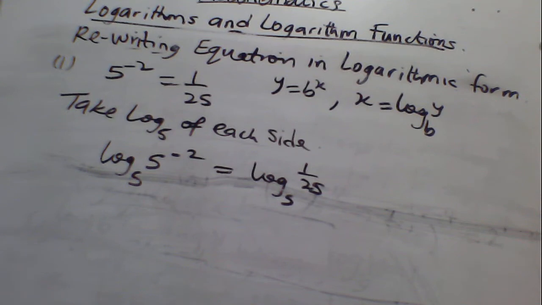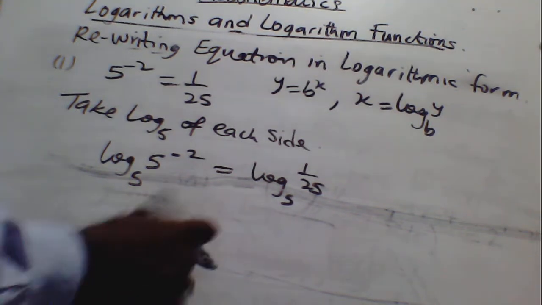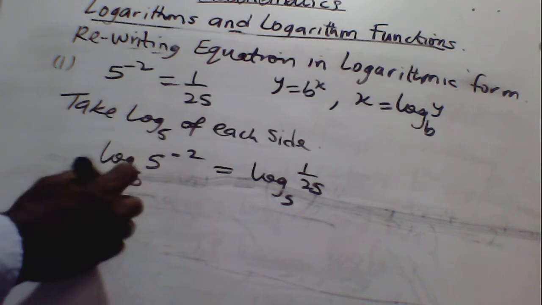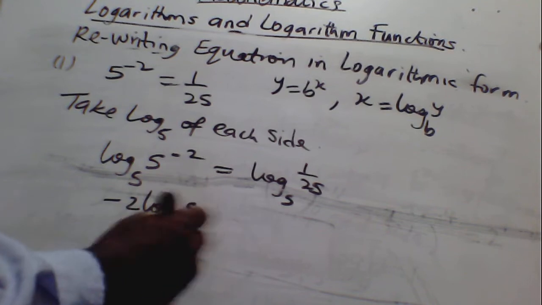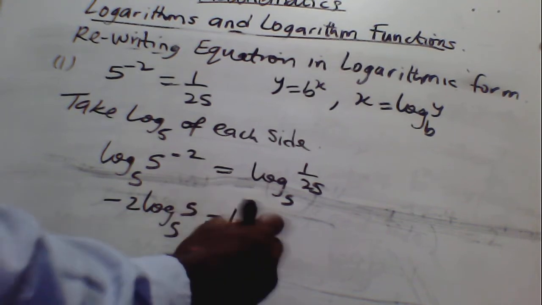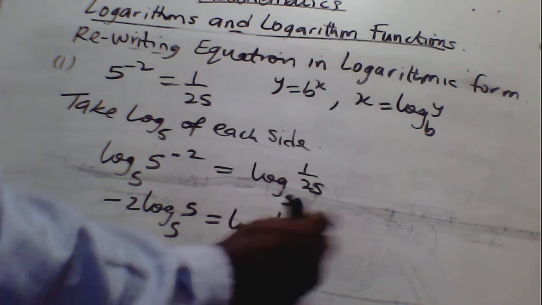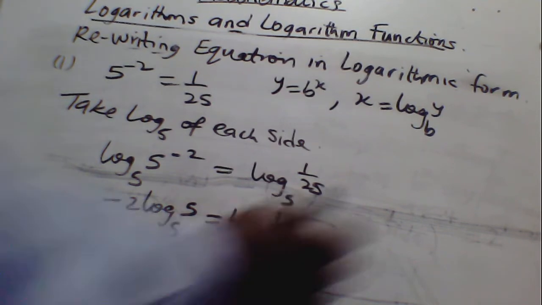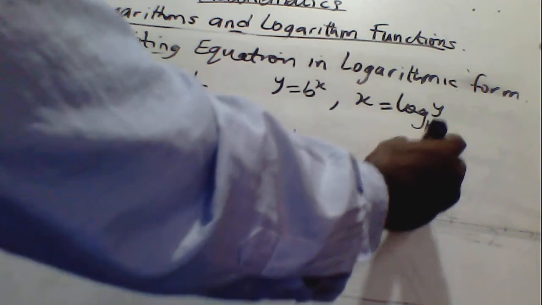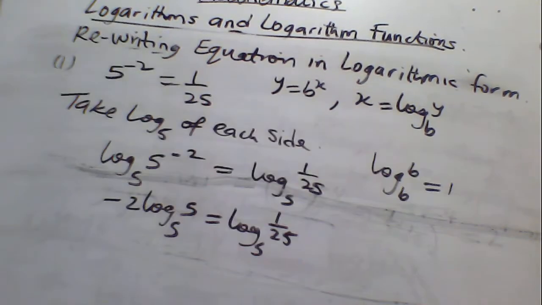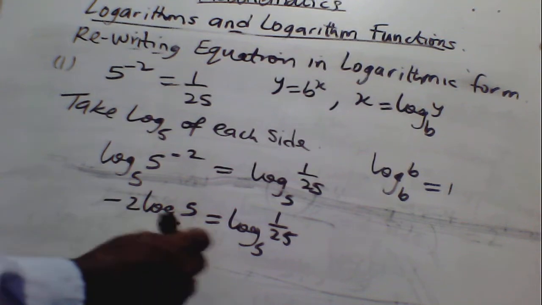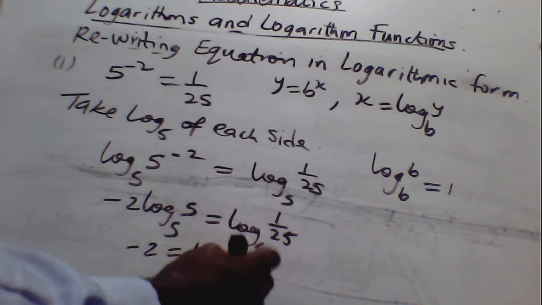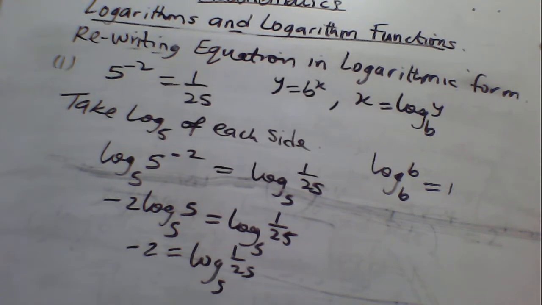From here, the exponent coming to this side gives minus 2 log 5 to base 5 equals log to base 5 of 1 over 25. Because we know that log b to base b is equal to 1, this is minus 2 times 1. This will give us minus 2 is equal to log of 1 over 25 to base 5. So this is what we are required to do.